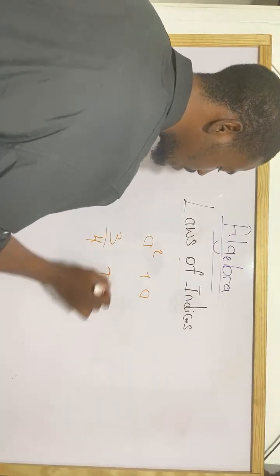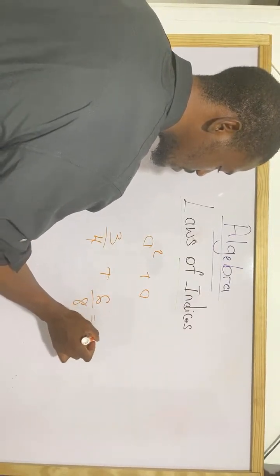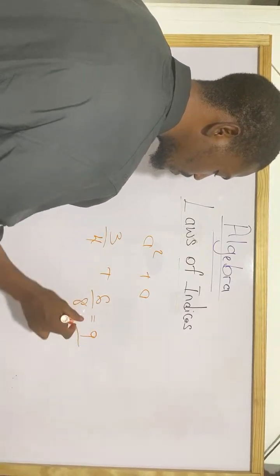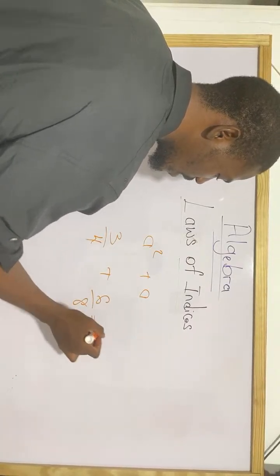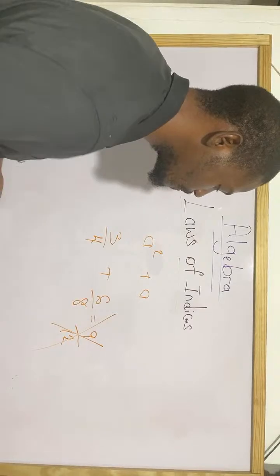So we can't say that 3 plus 6 is 9 and then 4 plus 8 is 12. That would be really, really wrong.